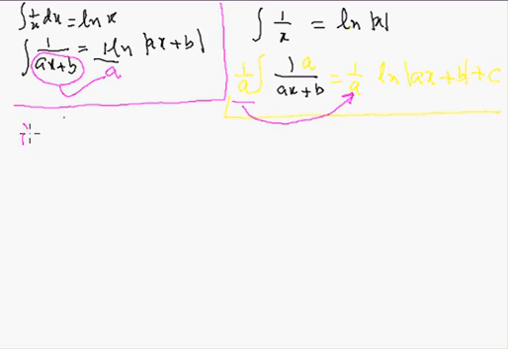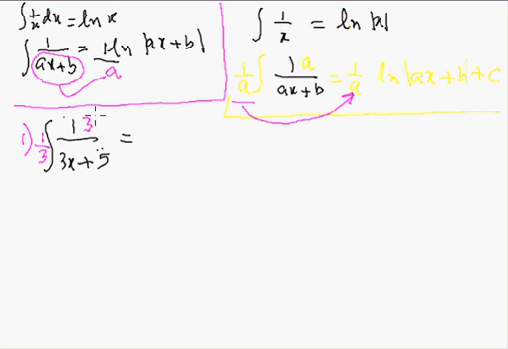Let's take an example. The first example, for example, I have a question 3x plus 5. I don't see the denominator has a derivative of 3 which is not seen here, so I can create a 3 here and divide this expression by 3.